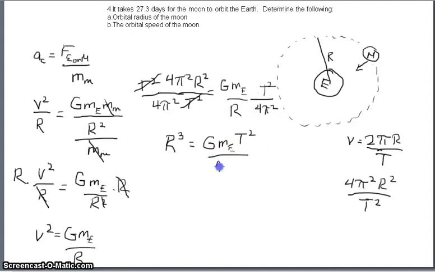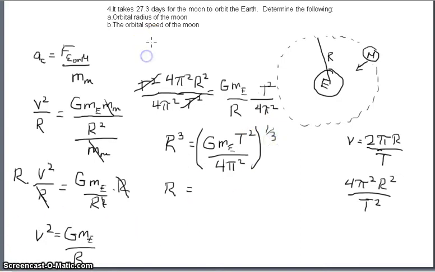Divide this whole thing by 4 pi squared, and then we can substitute numbers. Take the cube root of this, or raise this to the 1/3 power, and we can solve for R.